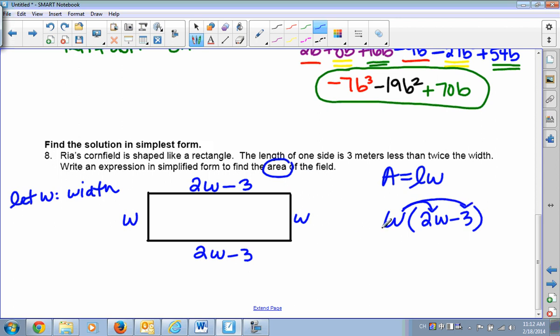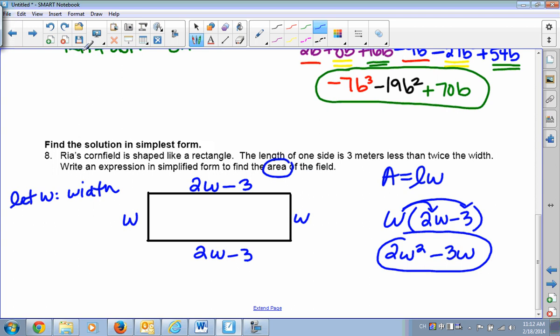So distribute W times 2W: 2W squared. W times negative 3: negative 3W. And that's it. You can't combine after that because one's a W squared and one's a W. So that's your area of the rectangle.